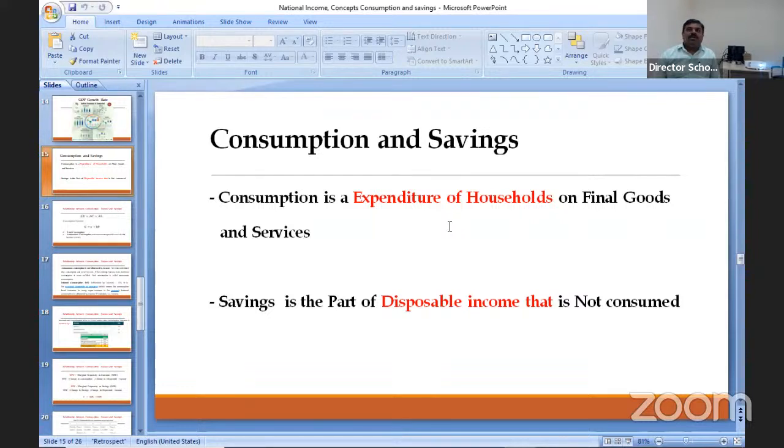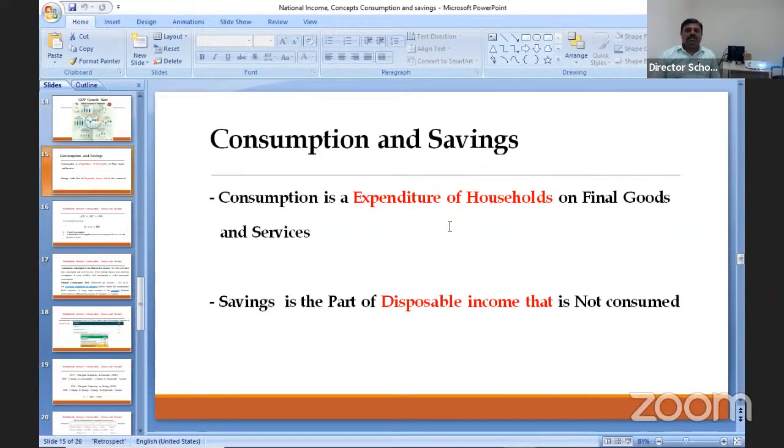Okay. So today we are going to discuss the next point, that is consumption and saving. Basically the very basic and general definition or meaning of consumption is the expenditure made by any household during a specific period on final goods.